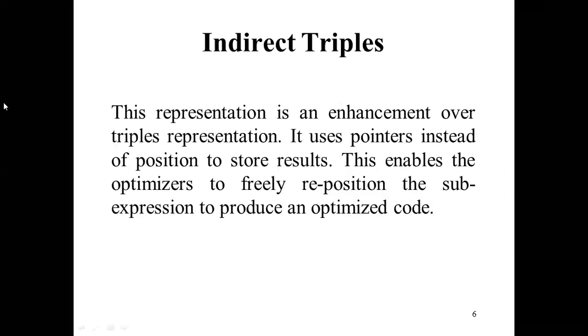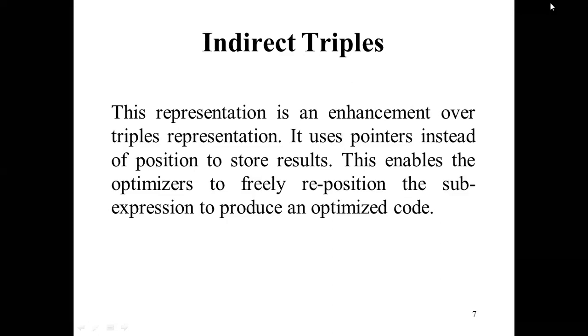So this is the difference between triples and indirect triples. We can represent the 3 address code in this form, using triples and indirect triples, and using quadruples and triples. But in case of indirect triples, we will not use 3 columns or 4 columns.